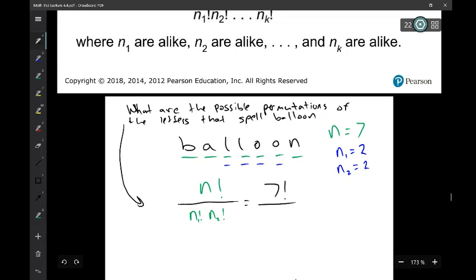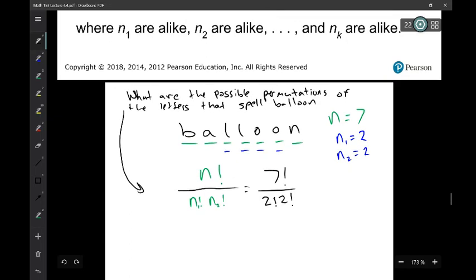So 7 factorial over 2 factorial over 2 factorial, which would be 7 times 6 times 5 times 4 times 3 times 2 times 1. 2 factorial is 2, and 2 factorial is 2.